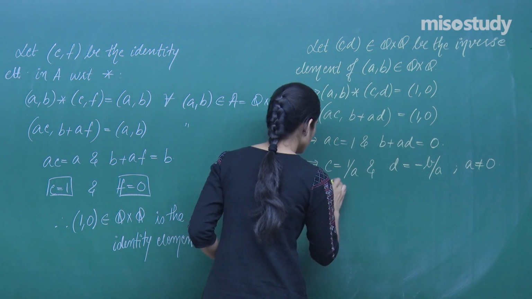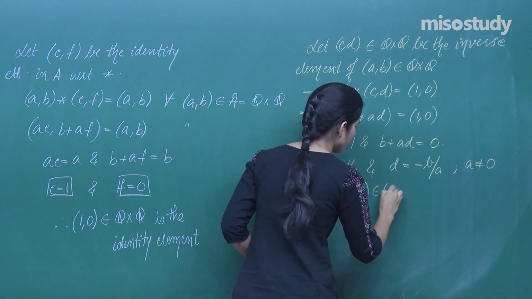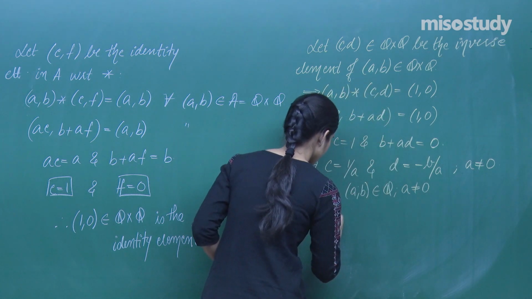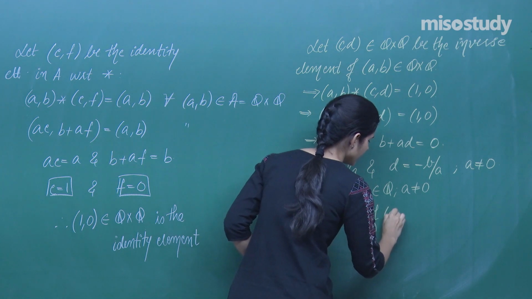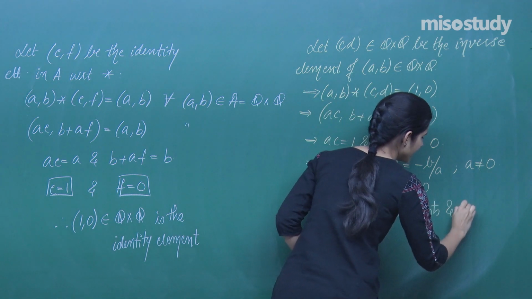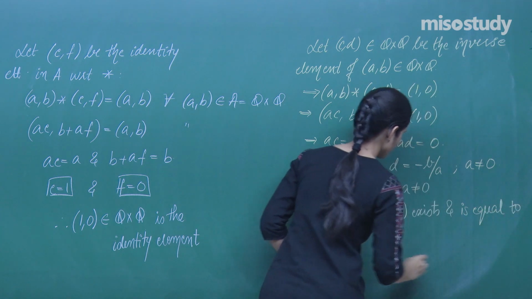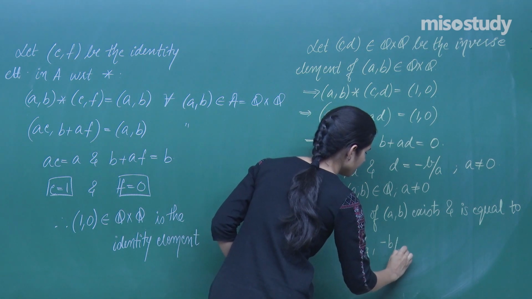So therefore, for (a, b) in the set of rationals where a is not equal to 0, the inverse of (a, b) exists and is equal to what? (1 by a, minus b by a).